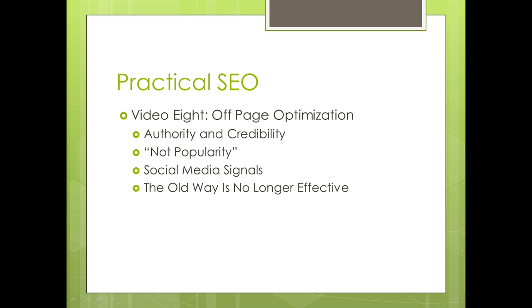Now, the old way of generating off-page optimization is no longer effective, and that used to be to create lots of links from other sites and link them back to your site. So you would either pay someone or you would do it yourself to go to lots of other different kinds of sites to create lots of different kinds of links, in order to mirror what were called backlinks, so that you would appear to be authoritative in the eyes of the search engine engineers.